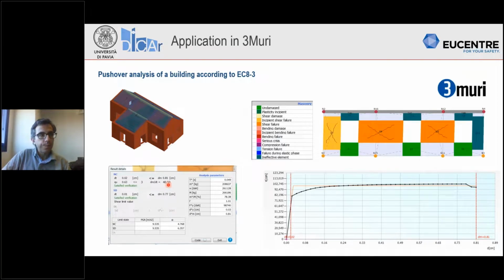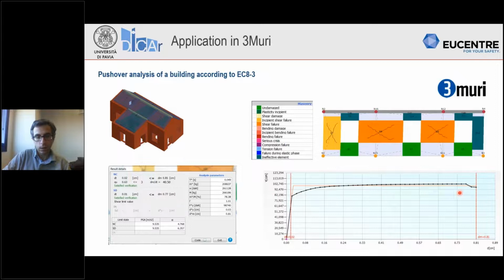Now, all these concepts that I was discussing are embedded in the Tremuri software, which is able to perform a pushover analysis of a wall building consistent with Eurocode 8 Part 3. Here, for example, you can see a very simple model that has been subjected to pushover analysis.